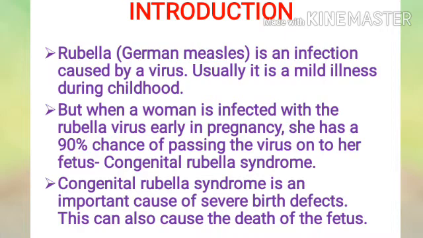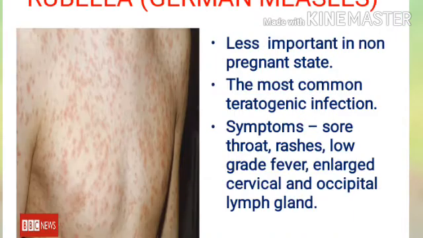First, let us see what are the symptoms of rubella in the non-pregnant stage or in the general population. Rubella or German measles, as I said earlier, is less important in the non-pregnant state. It is a mild infection and most of the time it is asymptomatic. But it is the most common teratogenic infection. Teratogenic infection means the infection which causes congenital abnormalities in the fetus.